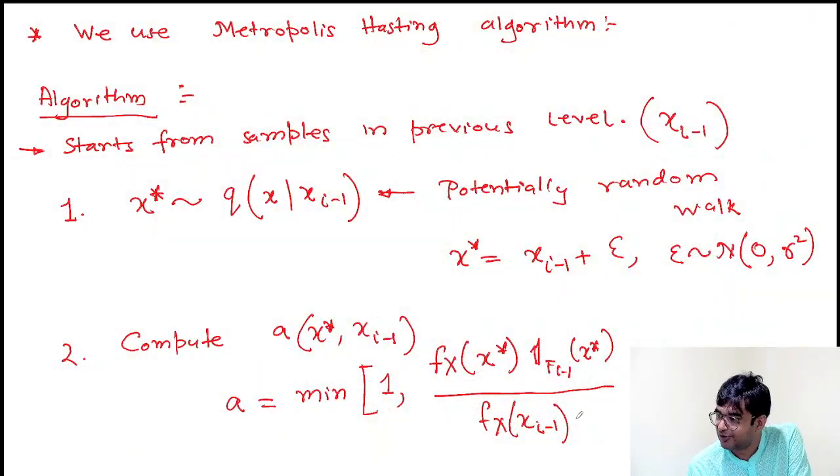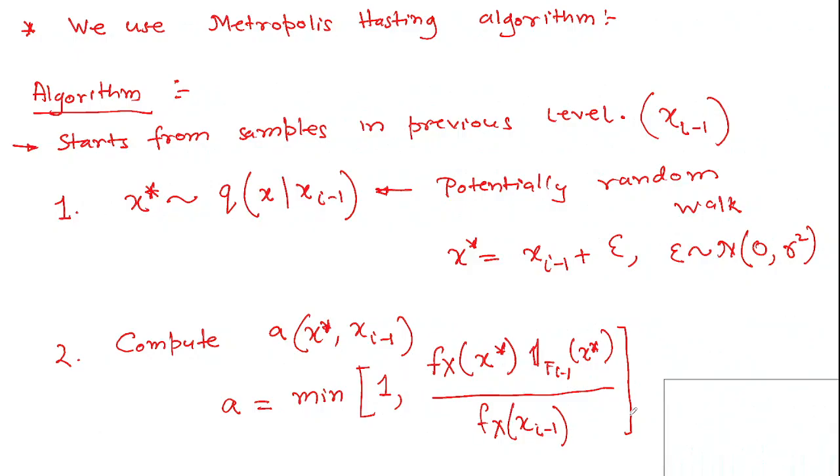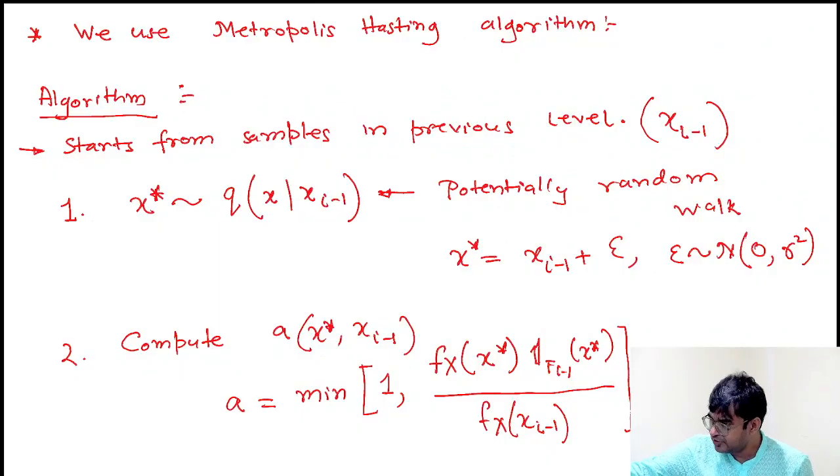The indicator function, I am not writing it because it will always be 1. And then, if you are very lucky, let's say this ratio will go more than 1. In that case, whatever sample you have generated will be accepted 100% of the time. But that will happen rarely.